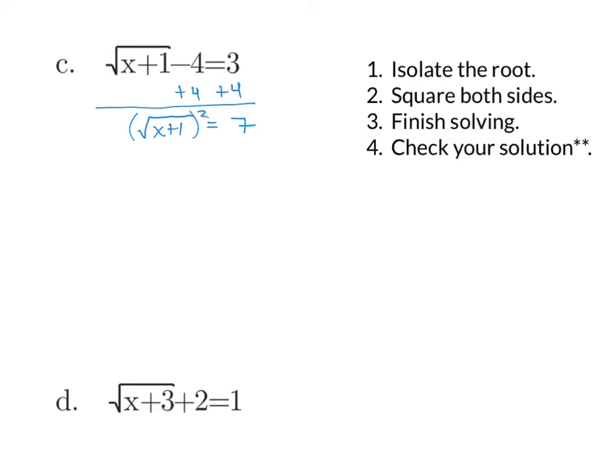We square both sides. On the left, my square and my square root cancel. So we get x plus 1 equals 49. Subtract 1 from both sides. And we get x equals 48.